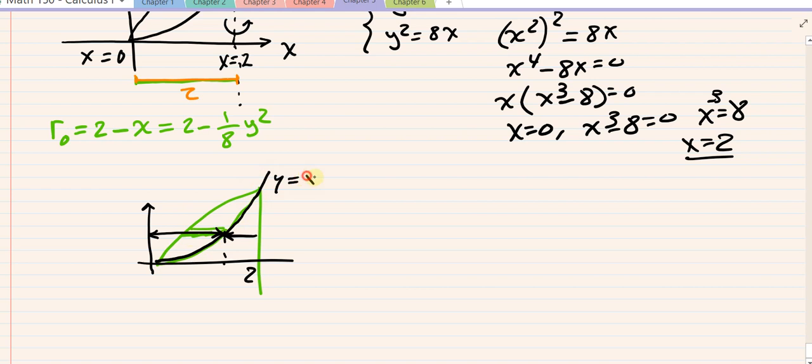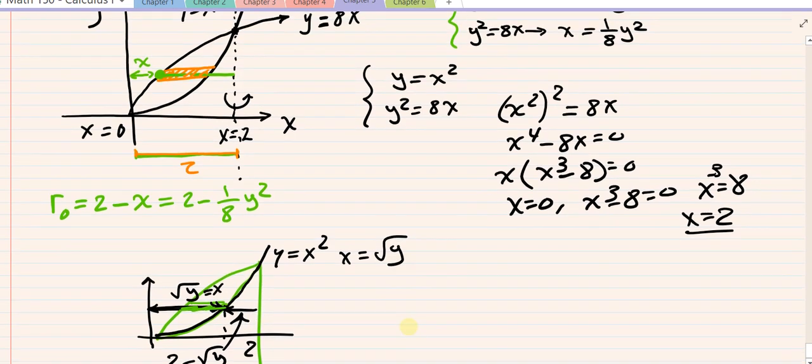This is y equals x squared, or x equals root y. So that distance is root y. That's how far that is. So if I do 2 minus root y, I get the desired distance, and that's what we want. That's going to be the inside radius. Our inside is 2 minus the square root of y. And once we figure those out, pretty much the rest is easy.